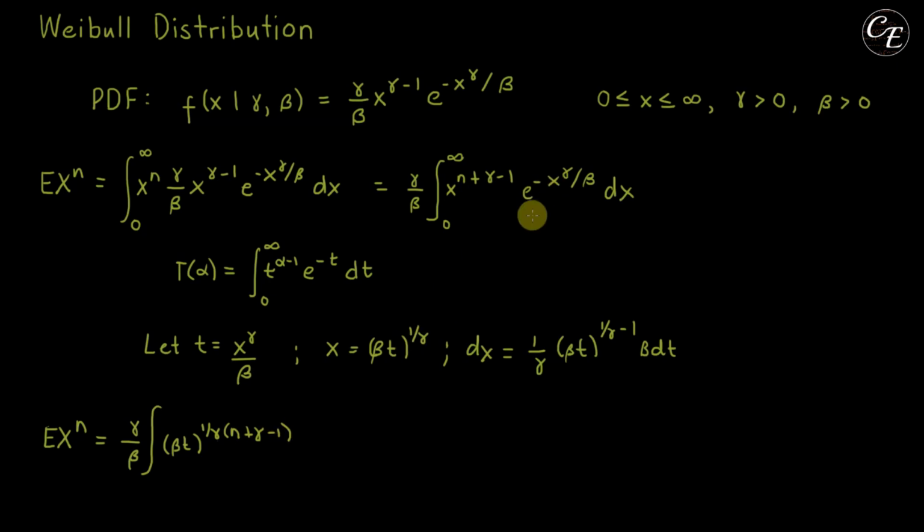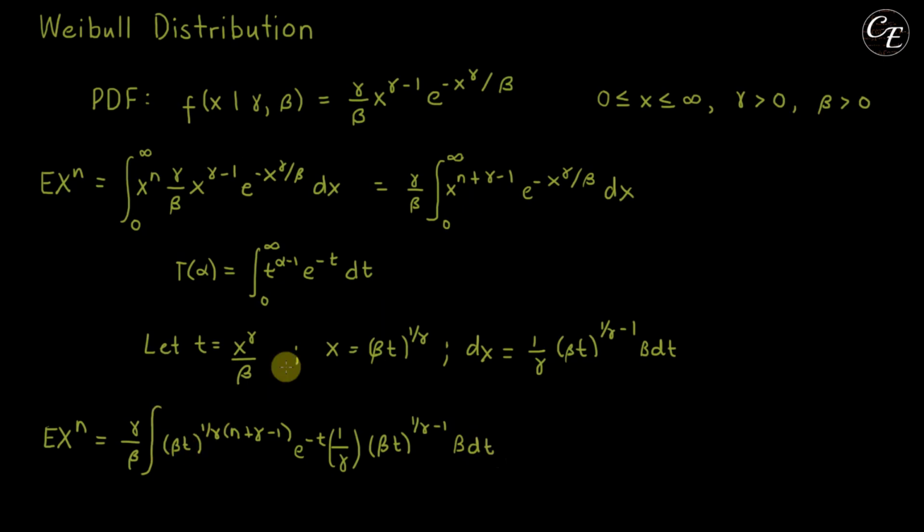Then from here we have e raised to negative x raised to gamma over beta, which is same with this one. We can use this t. Then for dx, let us use this. One over gamma minus 1 beta dt.